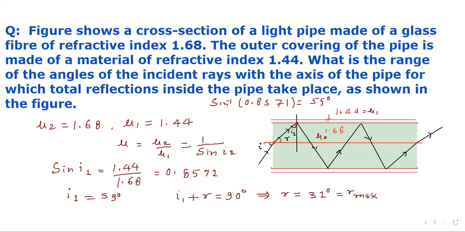Now, we apply Snell's law at this point. So we consider the maximum value of i. So we can relate sine i max divided by sine r max equal to the refractive index of the inner material, that is 1.68.